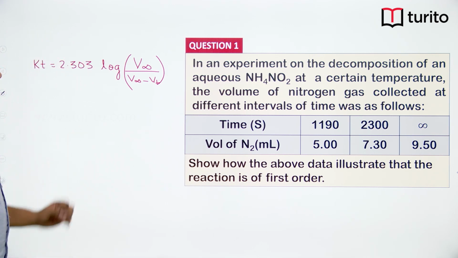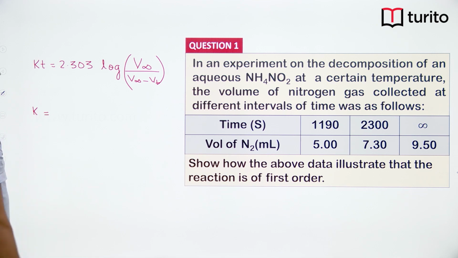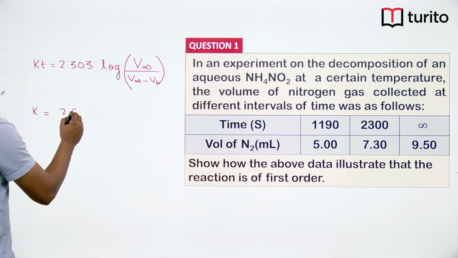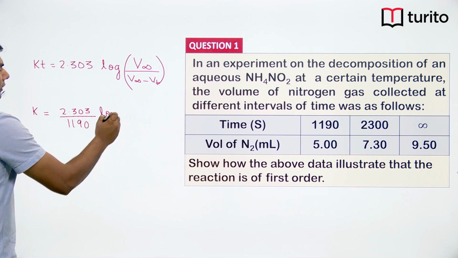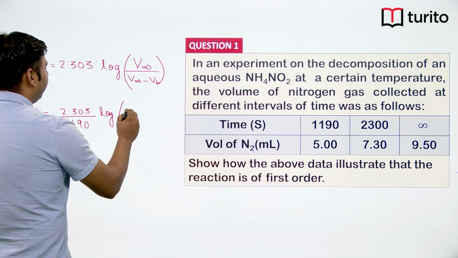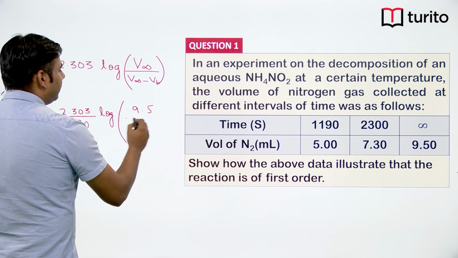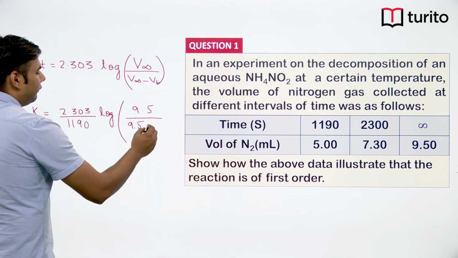So we have to calculate the value of K, say at 1190 seconds. That would be 2.303 upon 1190 into log base 10 of V infinity, which was 9.5, divided by 9.5 minus the volume at that time, which was 5 ml.